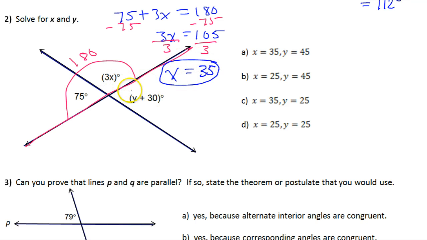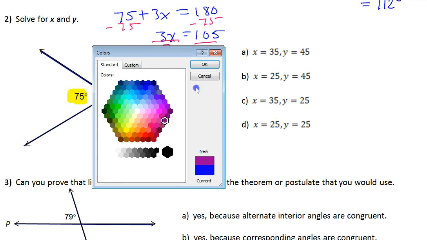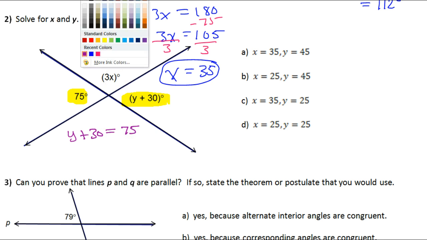Now, let's look at the angles that are right across from each other, the 75 and the Y plus 30. These are vertical angles, and vertical angles are always congruent. So that means that the Y plus 30 should equal 75.